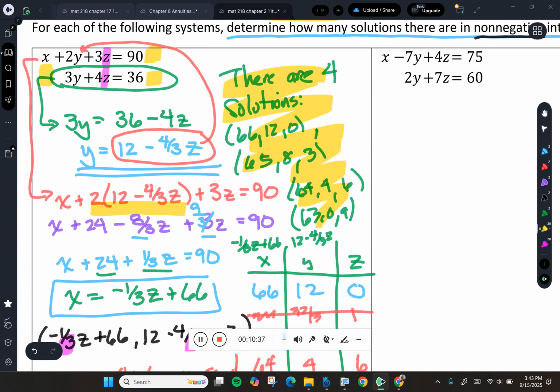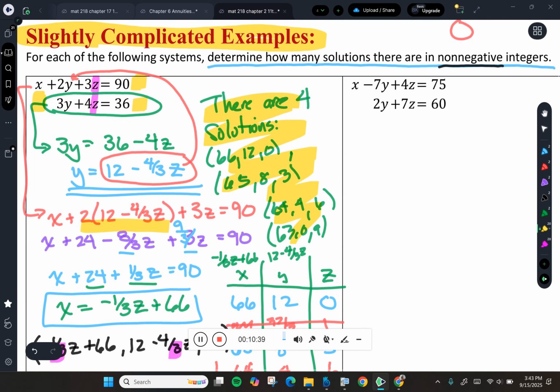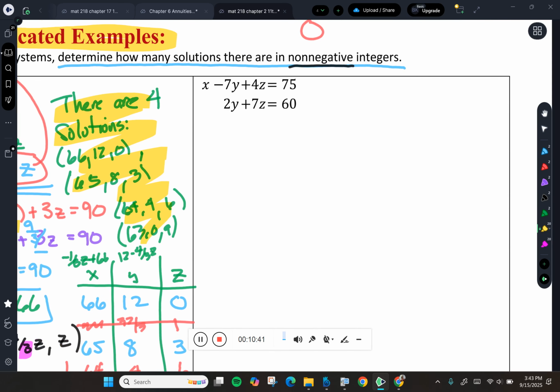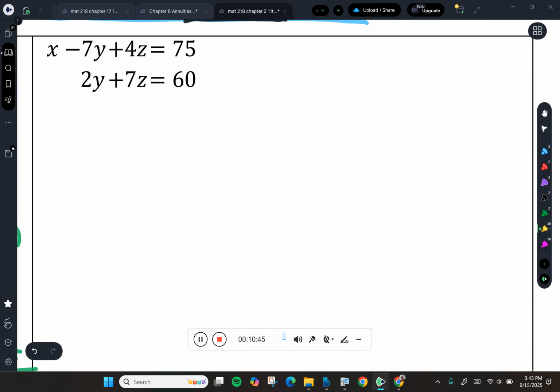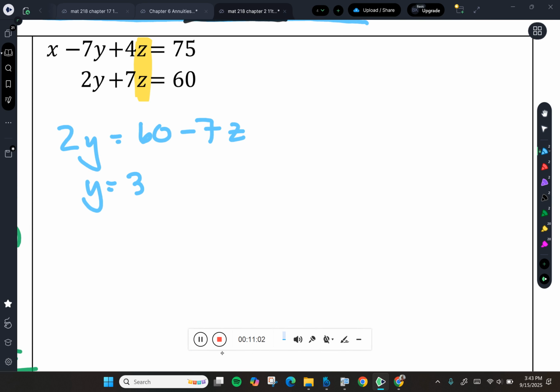Now, they gave us 2 examples here, but the directions are the same for both of them. So it looks like this one over here is going to be the same problem again. So I'm just going to go ahead and work through it. I'm going to move a little faster on this one since I kind of know what to do. I'm going to parameterize on z again. So I'll solve that second equation for y. 2y is equal to 60 minus 7z. That's going to give me y is equal to 30 minus 7 halves z.